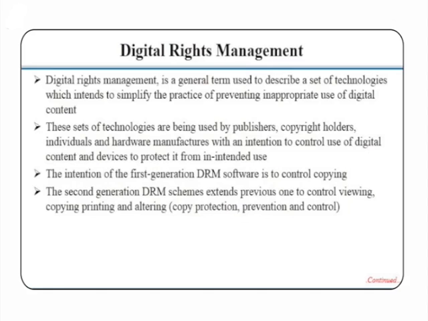The intention of first generation DRM software is to control copying, whereas the second generation of DRM schemes extends the previous one to control viewing, copying, printing, and altering. Basically, it is copy protection, prevention, and control.